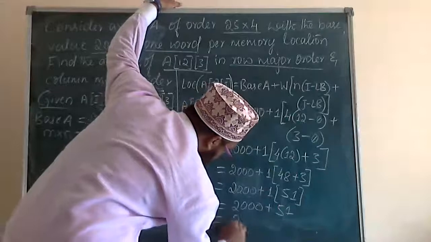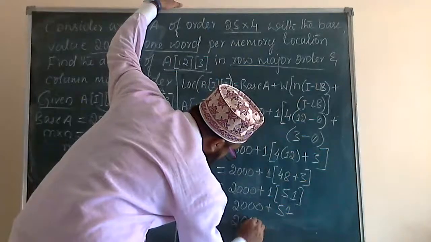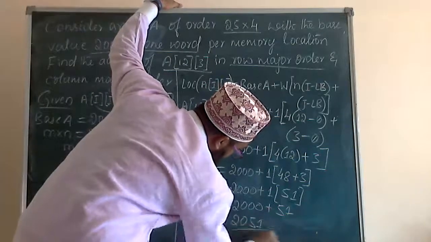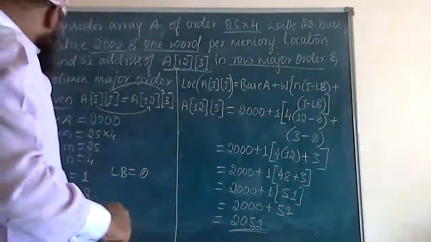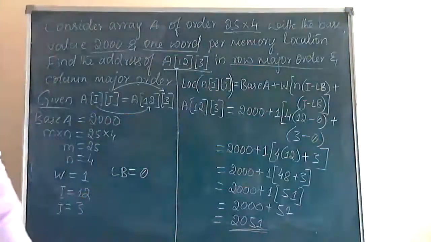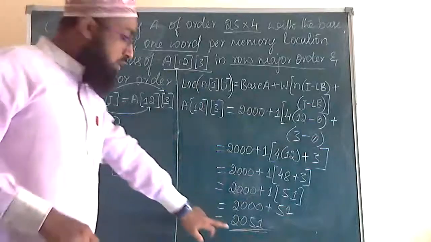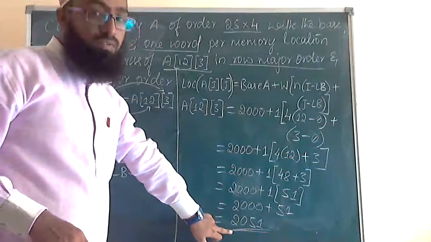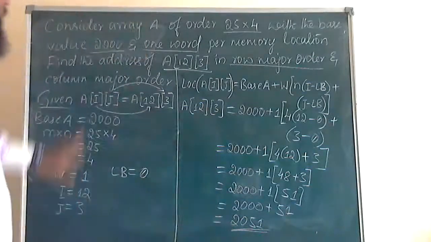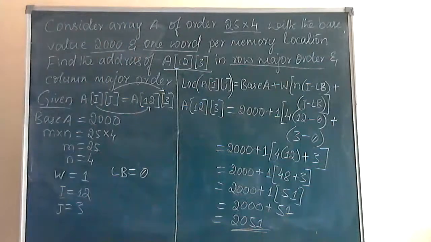Finally, this is equal to 2051. The location is present at 2051. Finally, we have got the answer as 2051 according to row major order.